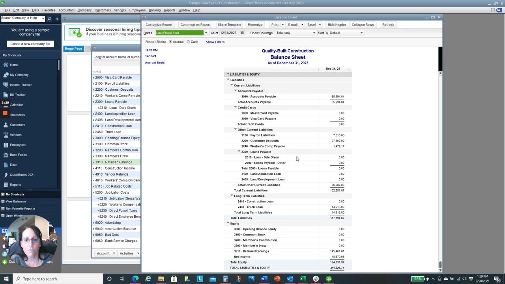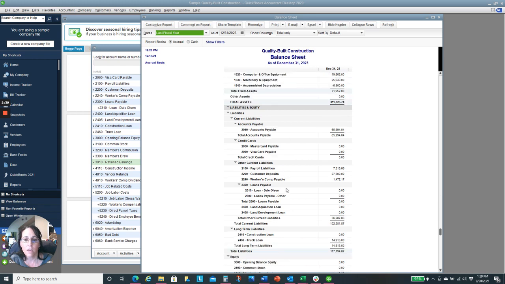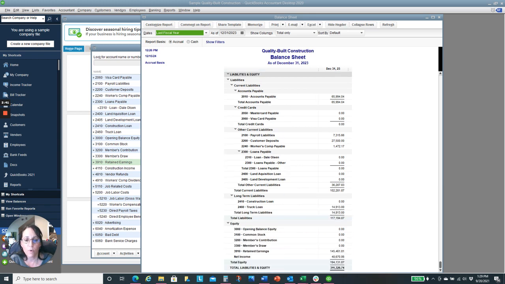Let's say you owed Dale Olson $50,000 because he loaned it to you to buy a piece of equipment. Your piece of equipment would go up here, and your loan to Dale would be showing here. Land development loan, you got a loan for that. Land acquisition loans, and if you have a car and you're making a payment, that would also go here.